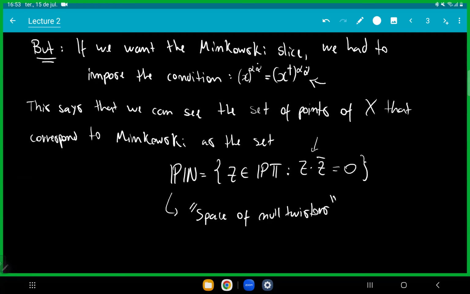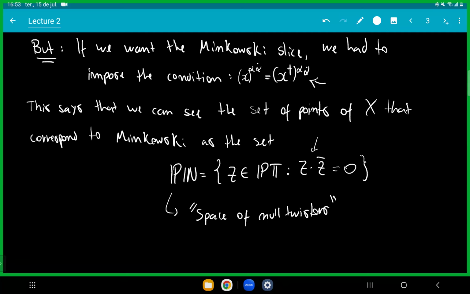So what we had up to now is that we started by complexifying R4, or you can think about it as complexifying Minkowski, and we got something more general, and we could pick different reality conditions inside of it, but we were interested in thinking about these C4. We defined the projective space. We were interested in a subset of this projective space, and inside of there we could impose the reality conditions, and each reality condition will return the space time.